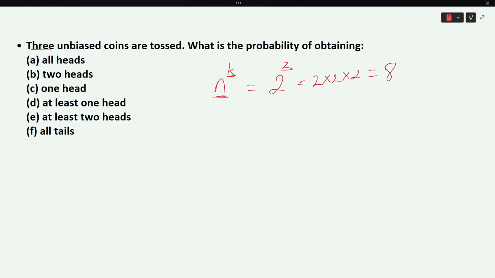Now let's list the outcomes. You can use a tree diagram, or you can list by set notation for space.